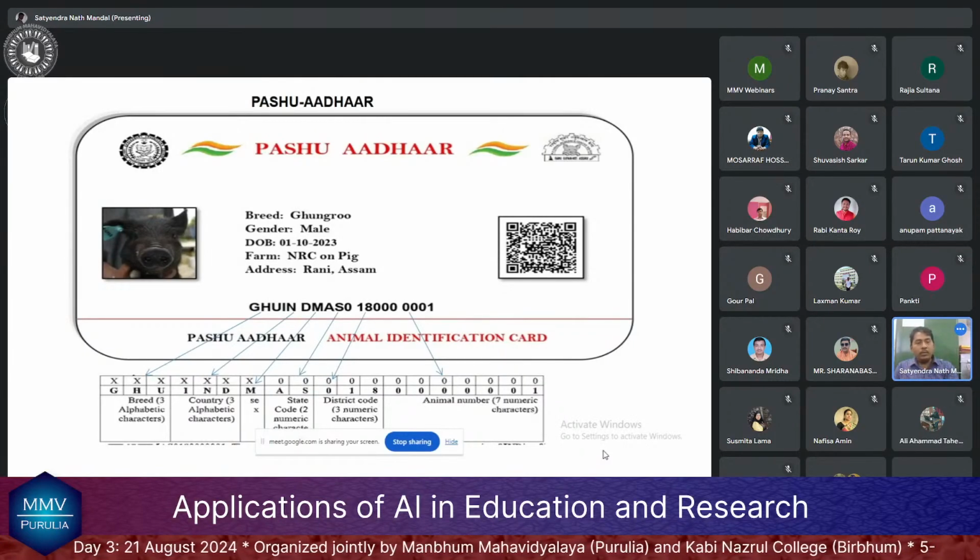So first, suppose our Aadhaar number is some digits, we have developed their number.